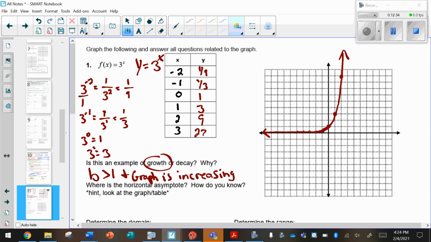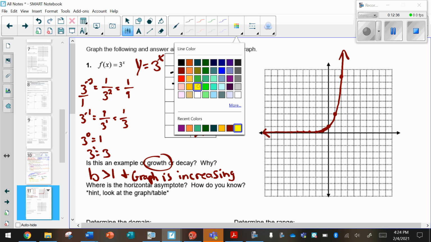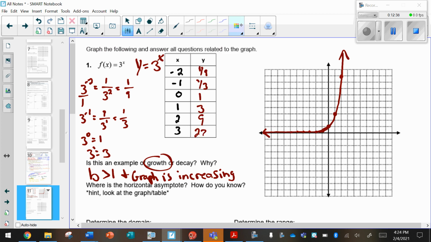The horizontal asymptote, that means the value that the graph approaches but never actually touches, is right on the x-axis. Our y values get really, really super close to 0, but never actually reach 0. So our horizontal asymptote is at the equation y equals 0, which is the x-axis.